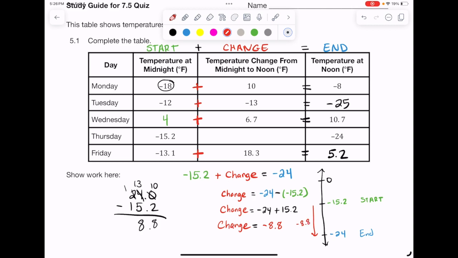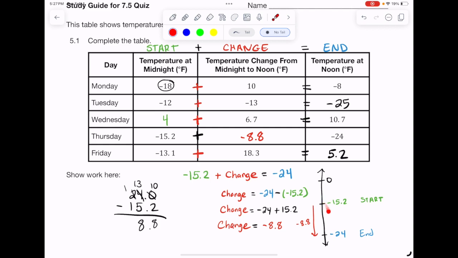So that's one way of doing it. I think I end up doing these more from the number line. Clearly we have to be going down, because we start at negative 15.2 and then it becomes more negative, so we have to go down.